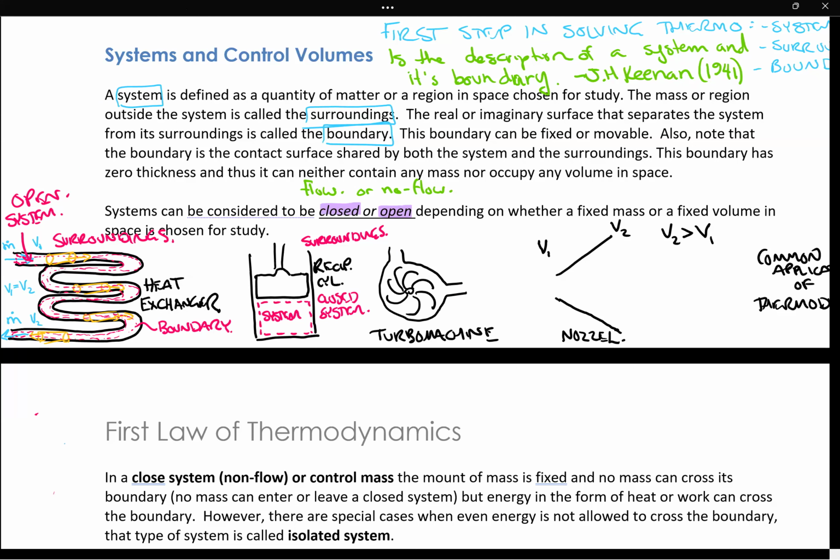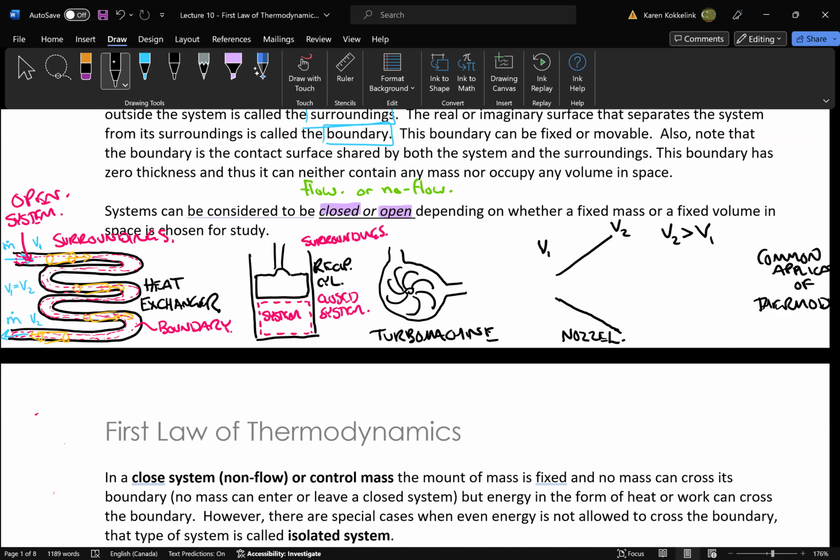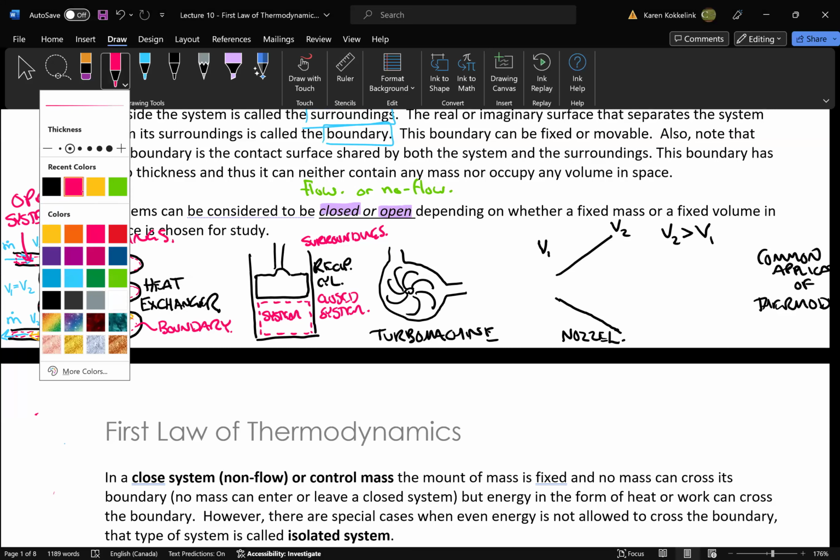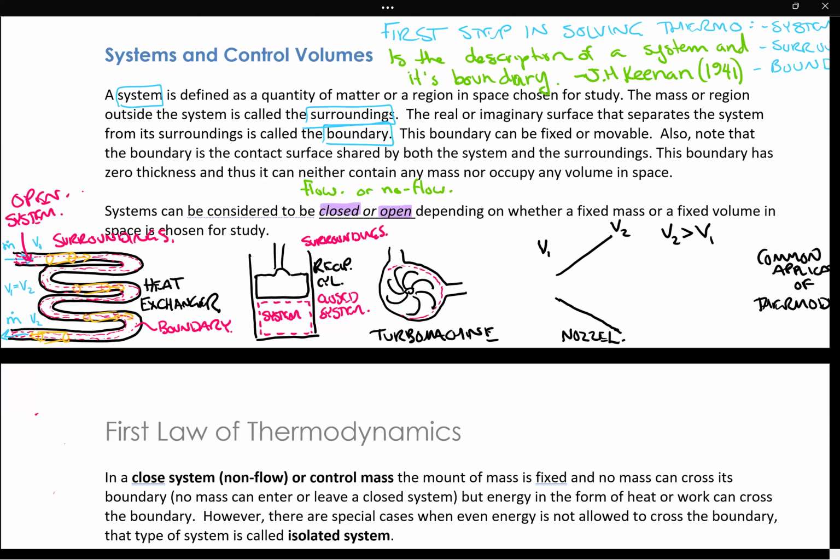I like to take the system of a turbo machine as being the circle just around the outside of these turbine blades. I think that's a practical system to look at. And then out here is the surroundings.